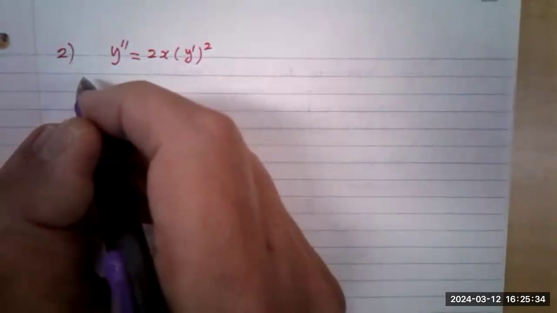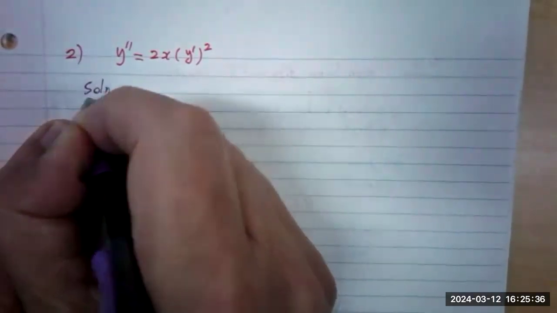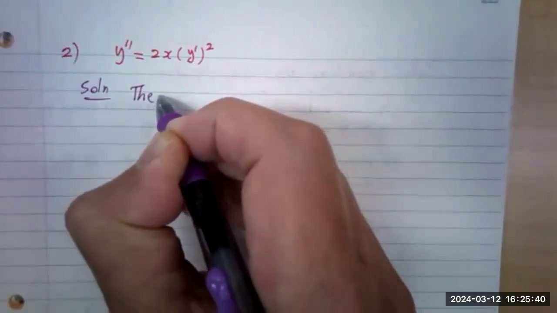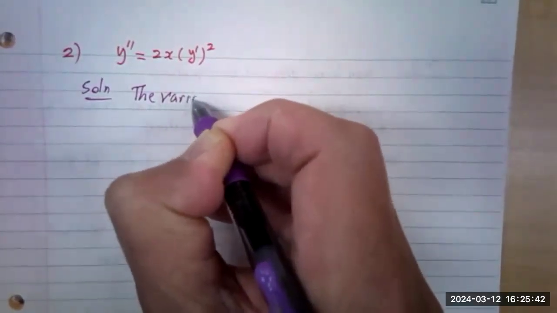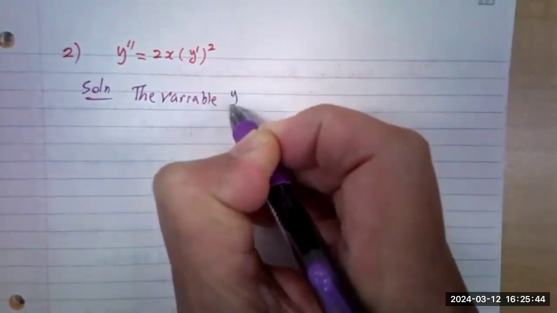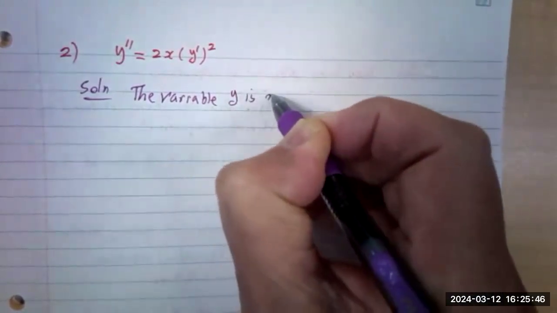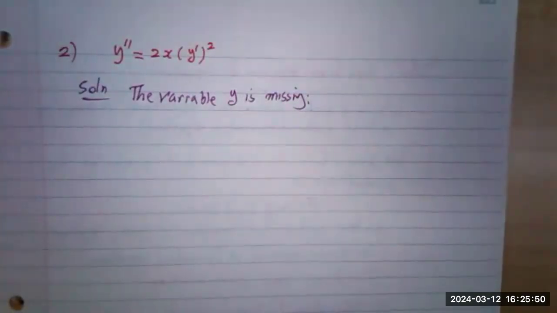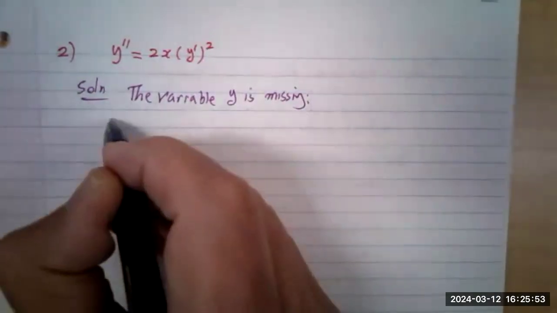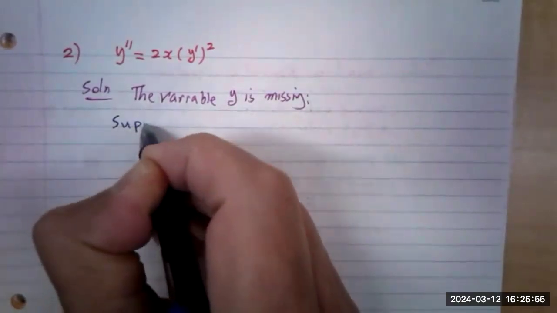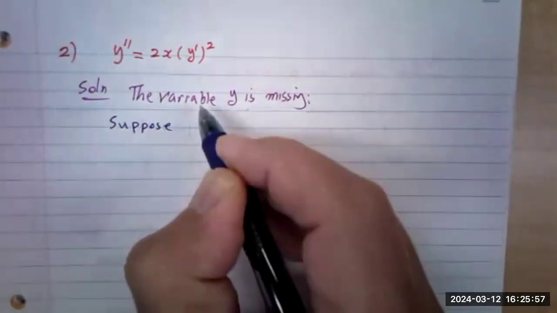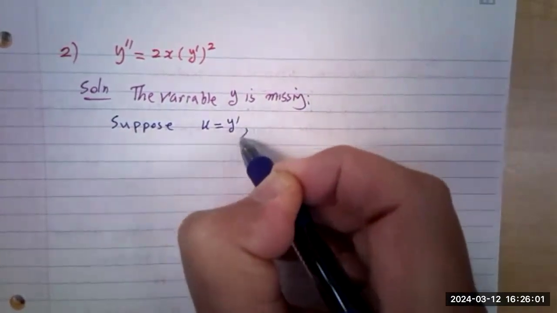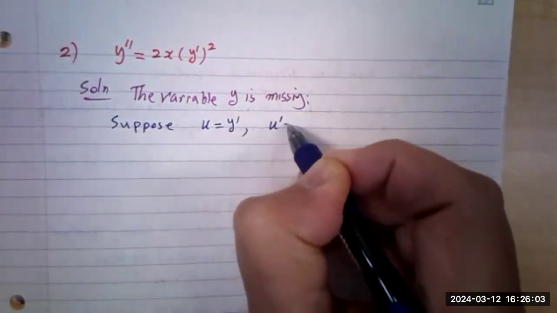The solution is going to be, again, remind yourself that the variable y is missing. So you are going to let u be equal to y prime, and u prime be equal to y double prime.